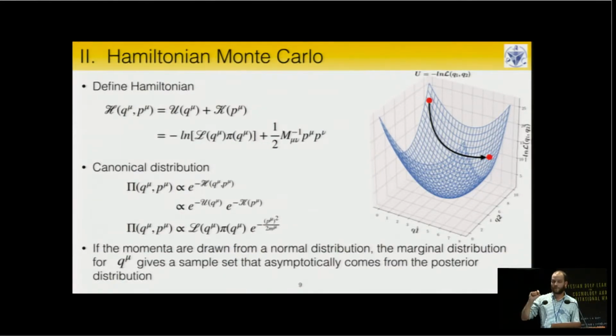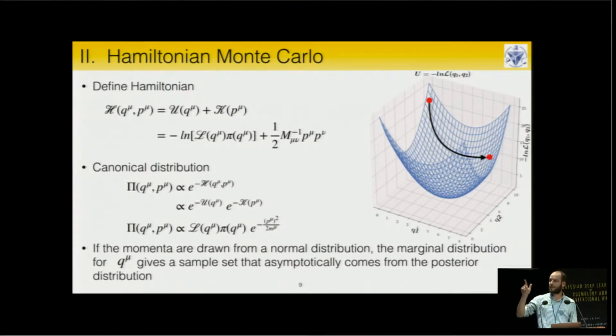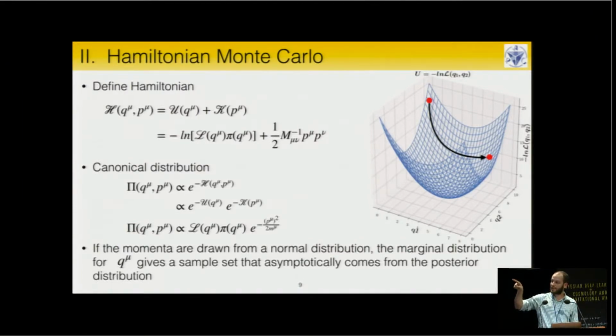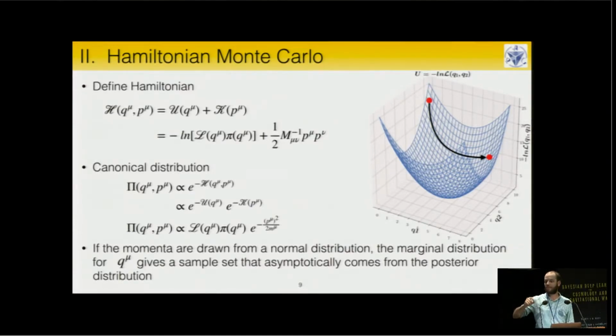And then to make the link with Bayesian inference, we highlight that this Hamiltonian has a canonical distribution over phase space. As you can see, it is separable, and you can see here that the canonical distribution is directly proportional to the posterior distribution. So that's really how you can sample from the posterior distribution.